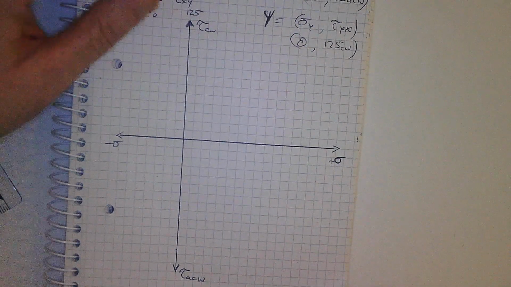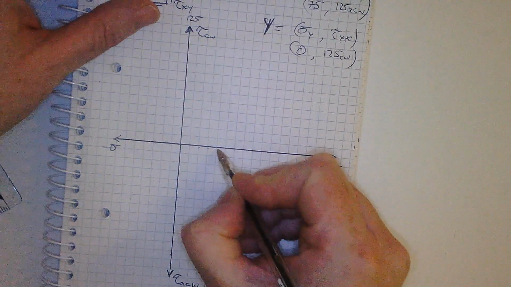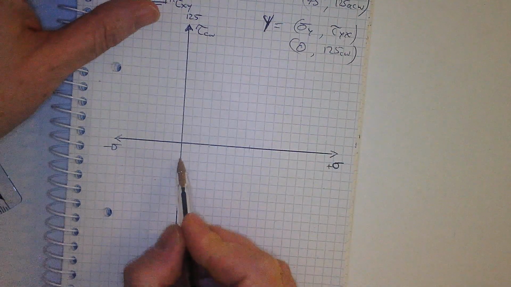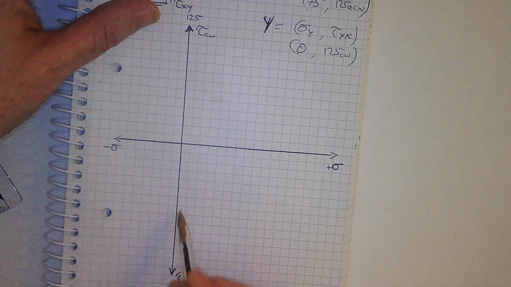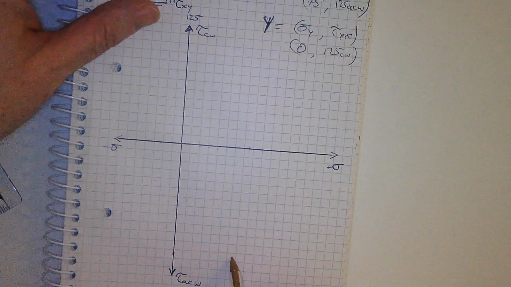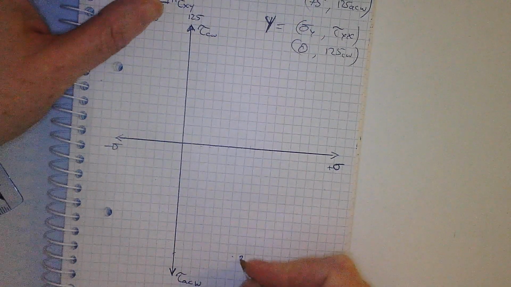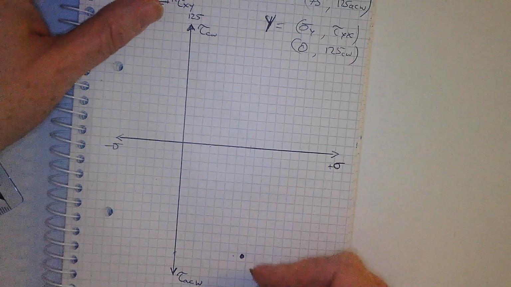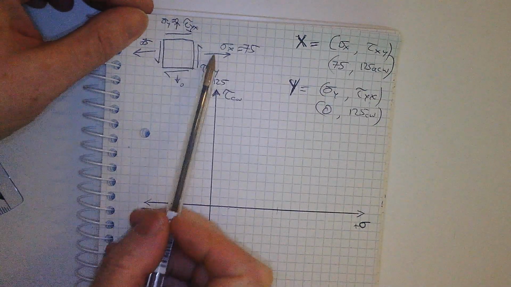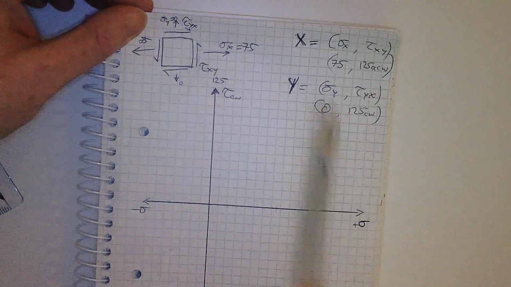Okay, so this is, if I come across 75, so 1, 2, 3, 4, 5, 6, 7 and a half this way, and 12 and a half down this way, I'll have a point here. So this point is my x. That's my original x side of this stress element here, was 75 and 125 anti-clockwise shear.